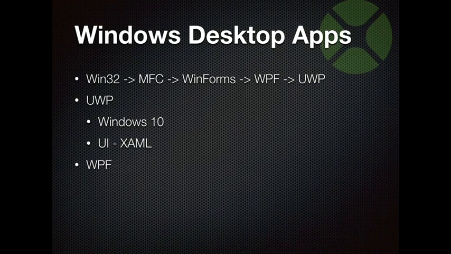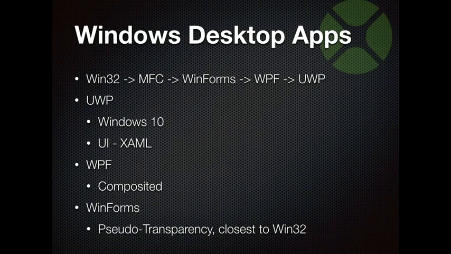WPF is the Windows Presentation Foundation layer. And what's nice about WPF is, as I mentioned, it's composited, so things work pretty well. WinForms is our closest equivalent. It uses this thing called pseudo-transparency to reduce flicker like we do. And it is really closest to the Win32 UI.